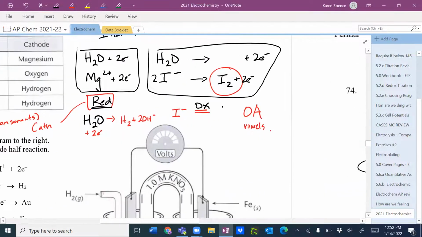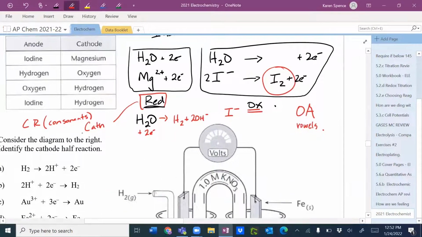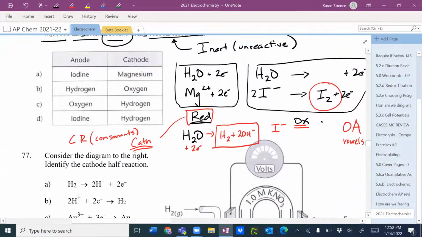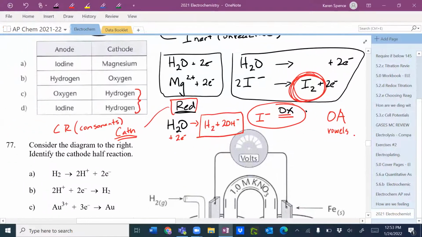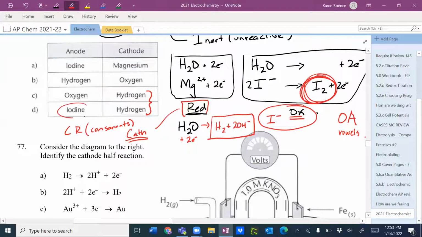So at the cathode, we are going to get H2 and OH-. So that's going to be one of these two. OH-, I guess they're just ignoring. And if we remember oxidation, who won the battle? It was I-, so it's going to produce I2. That's at our anode, so it's going to be that one. So our answer is D.